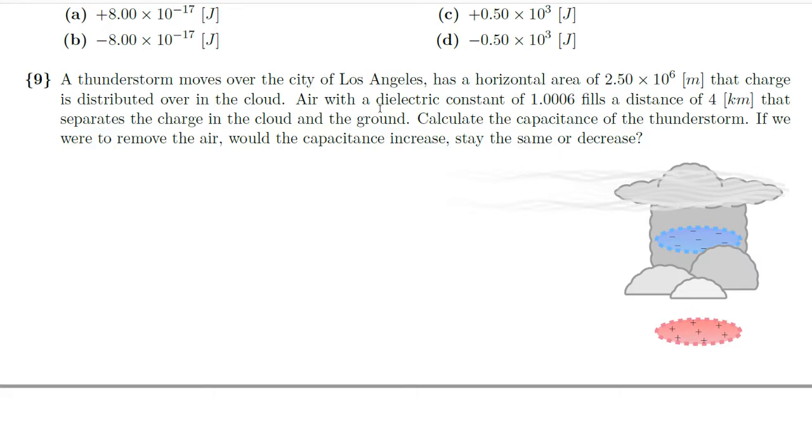You have a dielectric constant for air that fills that space between the two. Calculate the capacitance of the thunderstorm. Start with that. Let's just focus on getting the capacitance, accounting for everything that we're given here. And then we'll do a follow-up question conceptually on this, which has to do with removing the air.